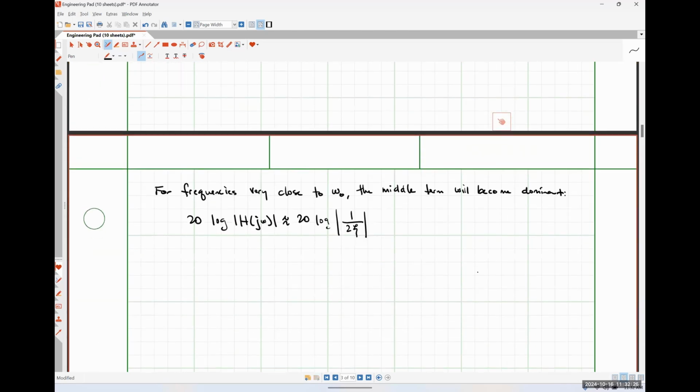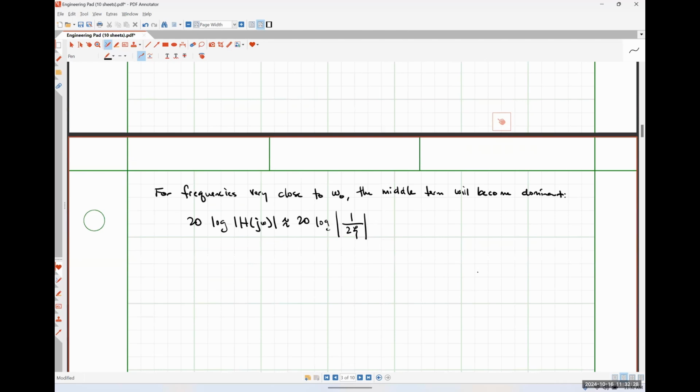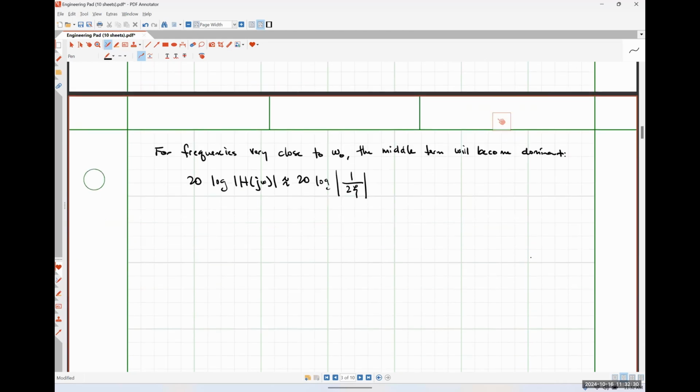So we can make a table here really quickly, okay? So let's say that we put zeta in the left-hand column, and then 20 log of twice zeta in the right-hand column.